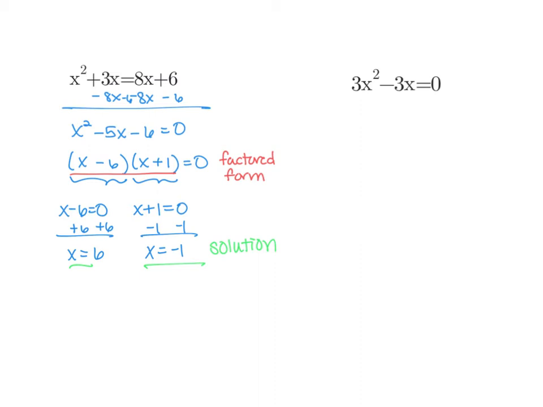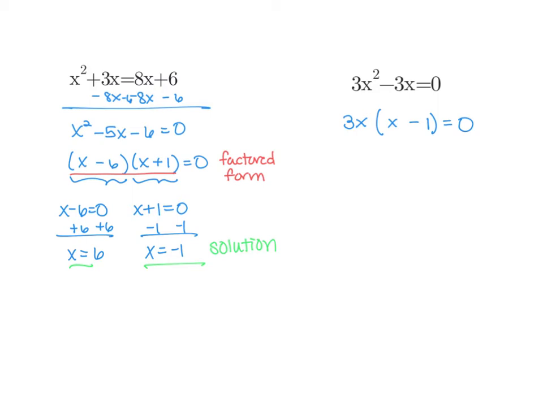If you'll notice that both of these terms have a 3x in them, I can factor out a 3x, and what I'm left with is x minus 1. So if I were to redistribute my 3x into x and my 3x into negative 1, I'd end up with 3x squared minus 3x. This is called factoring greatest common factor.